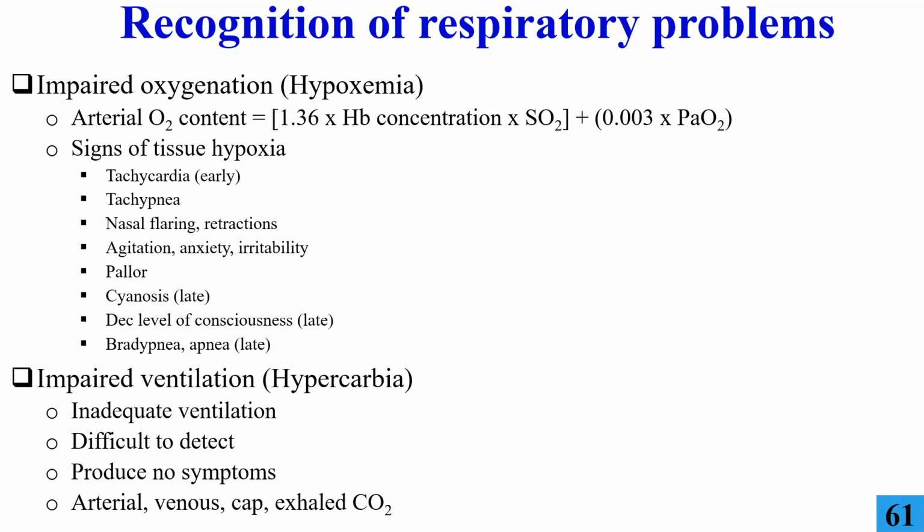Most of the time, hypercarbia produces no symptoms, but it causes acidosis, and then acidosis affects everything. We can measure the CO2 in the artery, in ABG. We can measure it in VBG. We measure it in the capillary, or CBG, but also we can measure the CO2 in the exhaled gas.